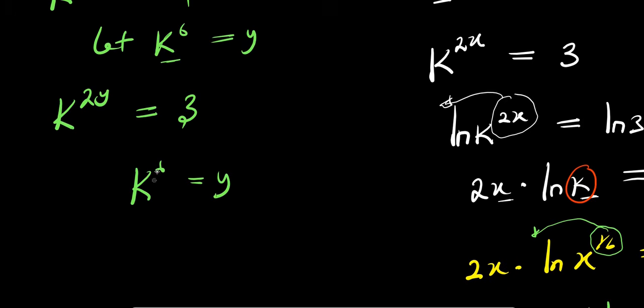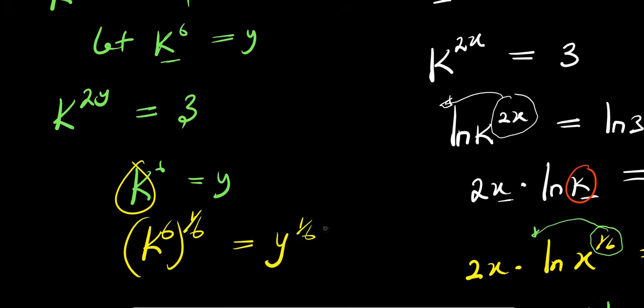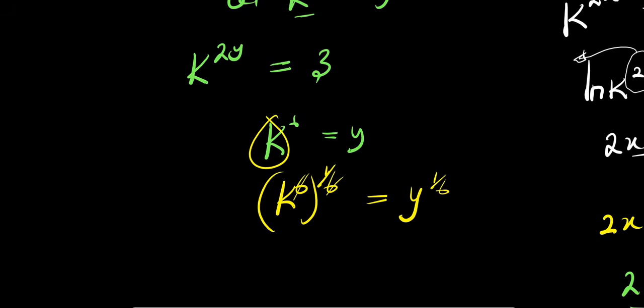So we have k power 6, this is also raised to the power 1 over 6, and this equals y power 1 over 6. So this 6 cancels this 6, and we have k equals y power 1 over 6.